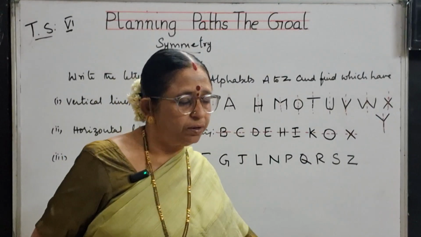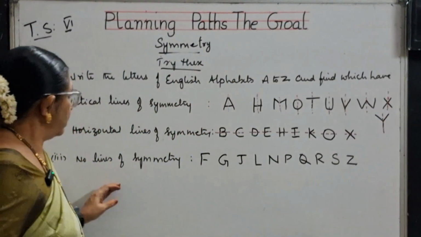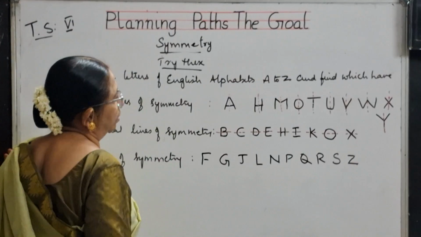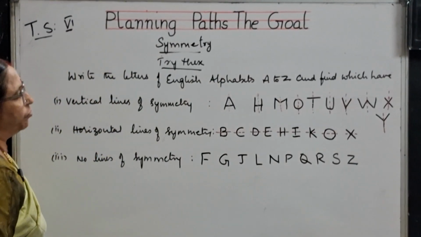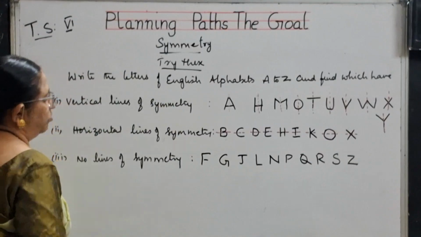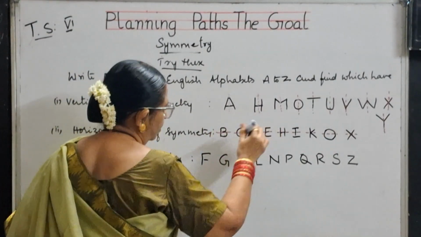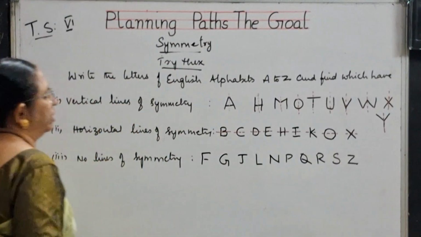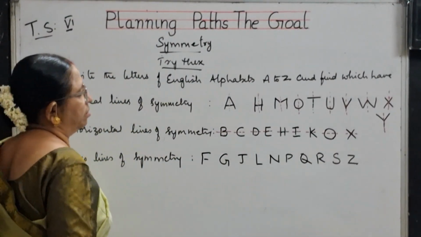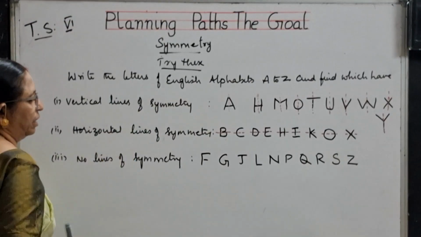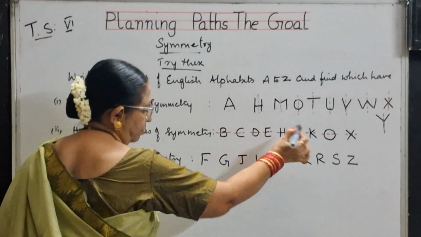Now the next, do this sum, children. Here, try this. In this, write the letters of the English alphabet A to Z and find which have, first, vertical lines of symmetry, meaning straight lines. So A, H, M, O, T, U, V, W, X, Y. These are the letters in which you have got vertical lines of symmetry. Horizontal lines of symmetry, horizontal means in this way.